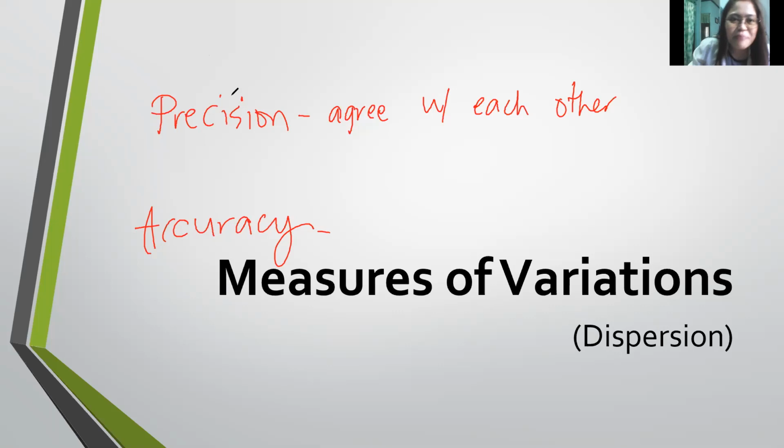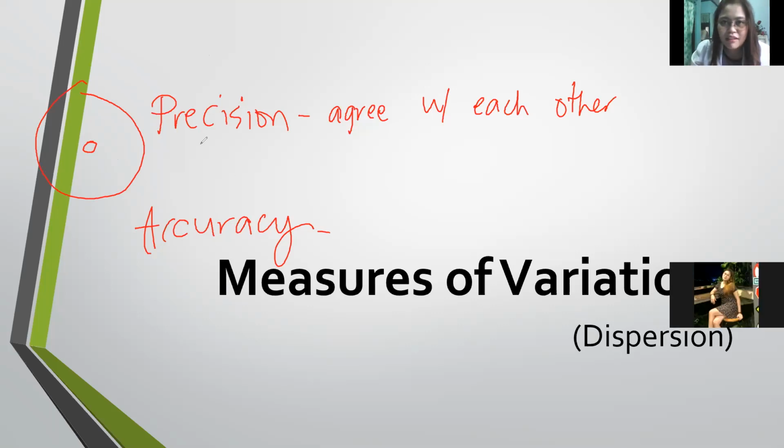Okay. So, kung nag-dart pa ka, class, if this is the bullseye, pila ka buok ang pin sa dart? Tatlo, ma'am. Tatlo, okay. So, for example, class, ang imuhang pin, this is the first pin, the second pin, and the third pin. So, kung ingani imuhang data class, kay precise, kay duol sila with each other.